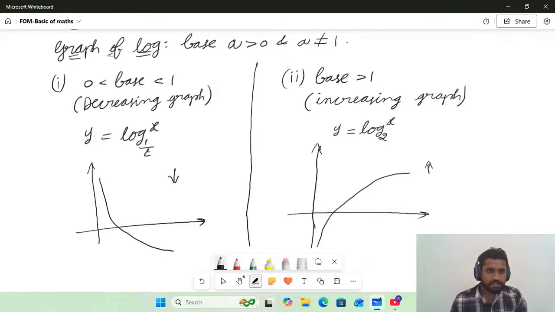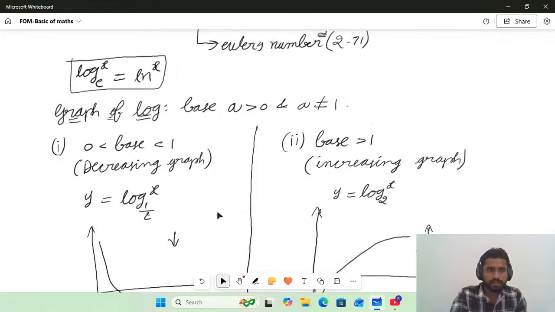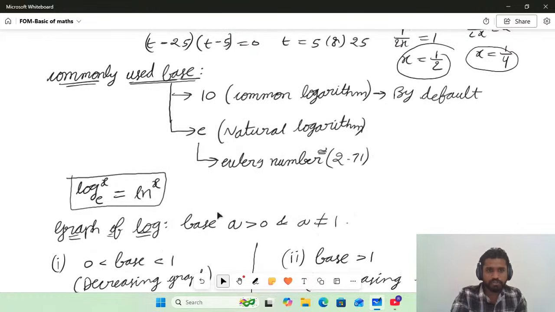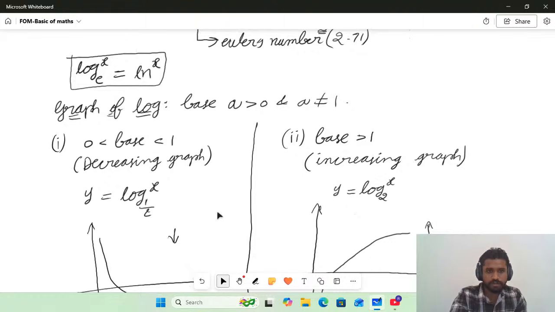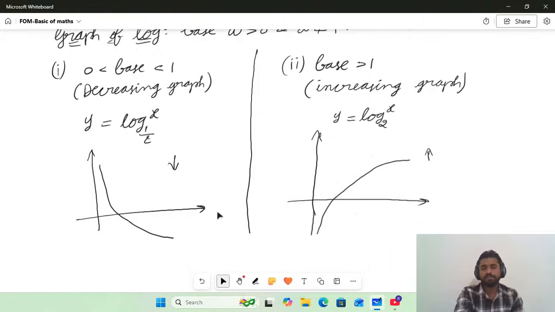Is it clear? If the base is lying between 0 and 1, the logarithm will behave as a decreasing function, and if the base is greater than 1, the logarithm will behave as an increasing function. It will help in solving inequalities. So the graph of the logarithm is also completed. Today we have seen the commonly used bases and the graph of the logarithm: base between 0 and 1, base greater than 1.